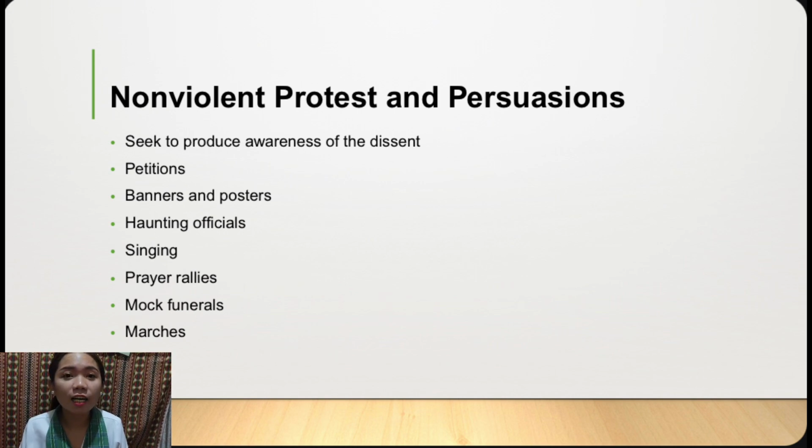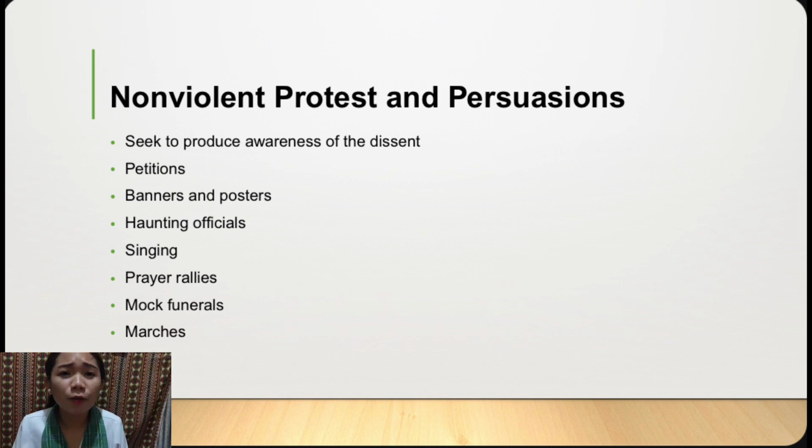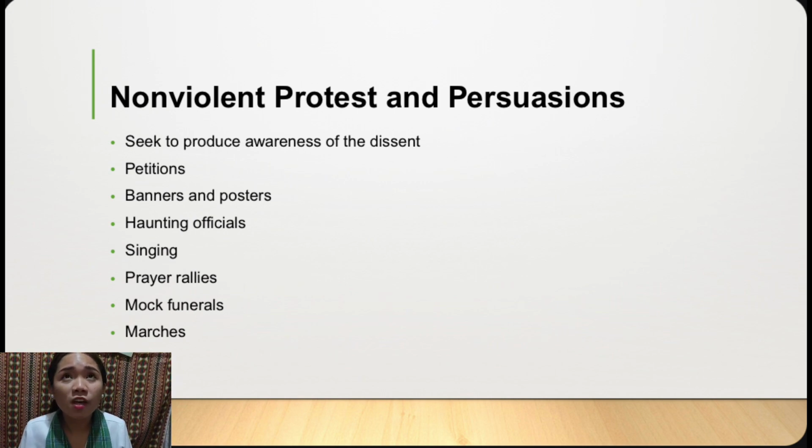Examples of this are the People Power Revolution, wherein people protested because they wanted change, or in the time of Andres Bonifacio and Emilio Aguinaldo, they protested with the KKK, or the Kataas-taasang Kagalang-galangang Katipunan, wherein they wanted to achieve peace, or they protested to give awareness to the Filipinos about what they want, which is justice and peace, and to build a country where there is no colonizer.